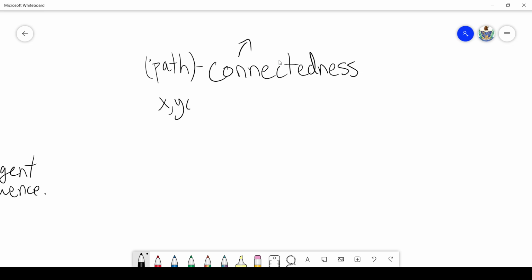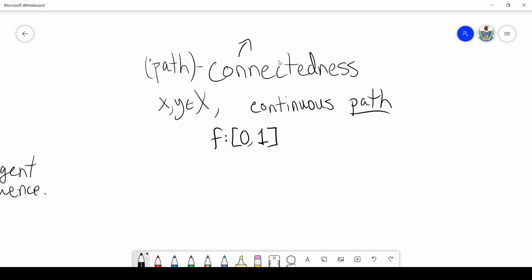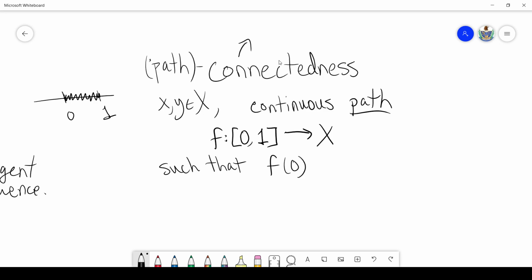Path connectedness says if we take any 2 points x and y in X, which could be the same, then there is a continuous path, which is a function f from the closed interval from 0 to 1, a subset of the real numbers, mapping into X such that f of 0 equals x and f of 1 equals y.